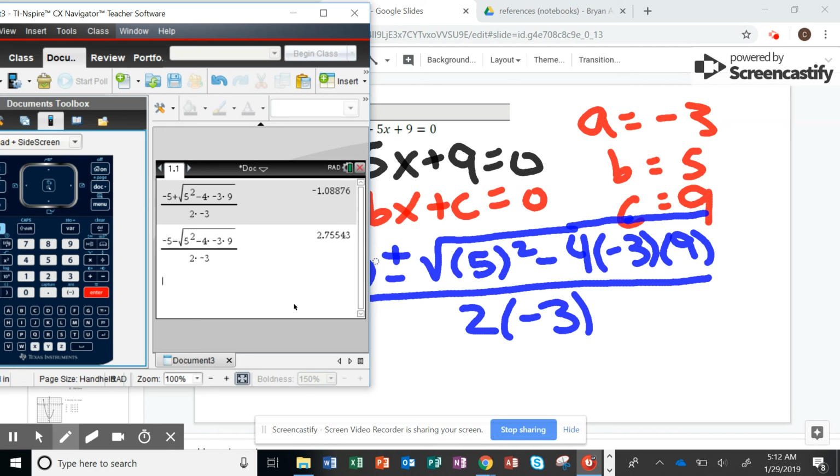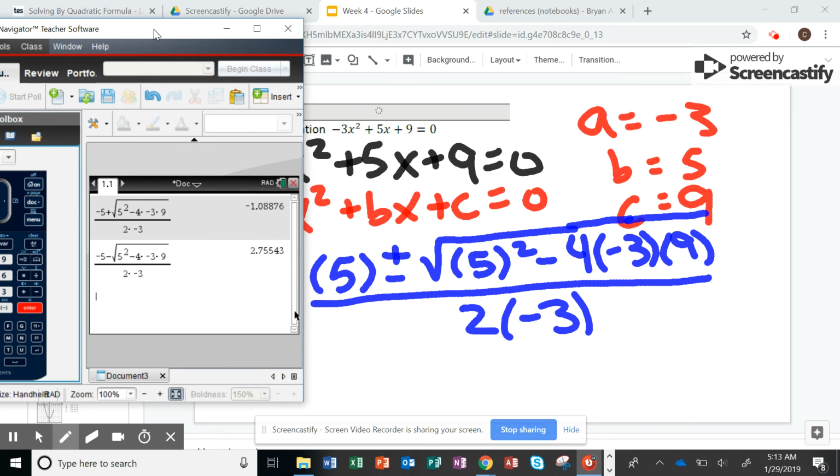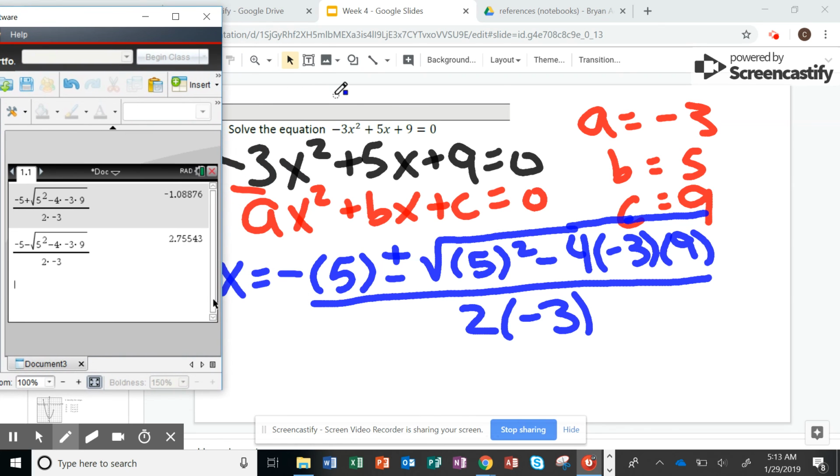Now again, if this is something that you were to graph onto your calculator, the same equation here with the plus y at the end, these are the two exact zeros that you would get, also known as the values that cross the x-axis, or your solutions.